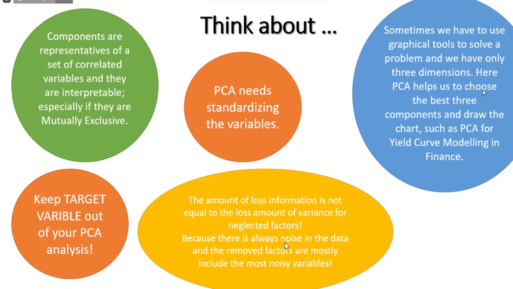There is always noise in the data, and the removed factors mostly include the noisiest variables and the noisiest part of the data. So the amount of information that we are losing is less than the proportion of the variance that we are neglecting from our model.